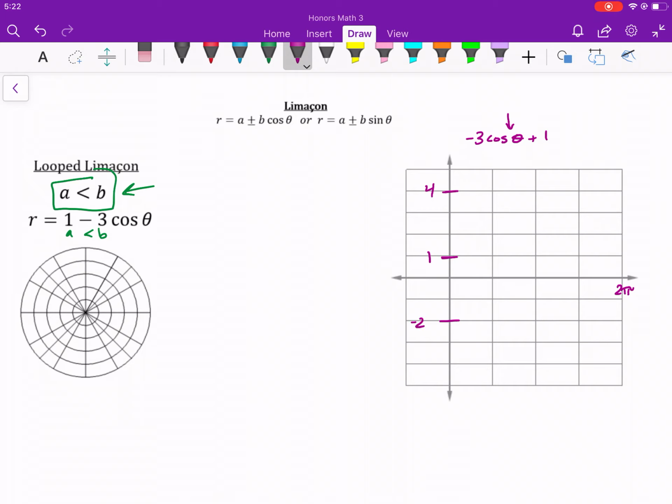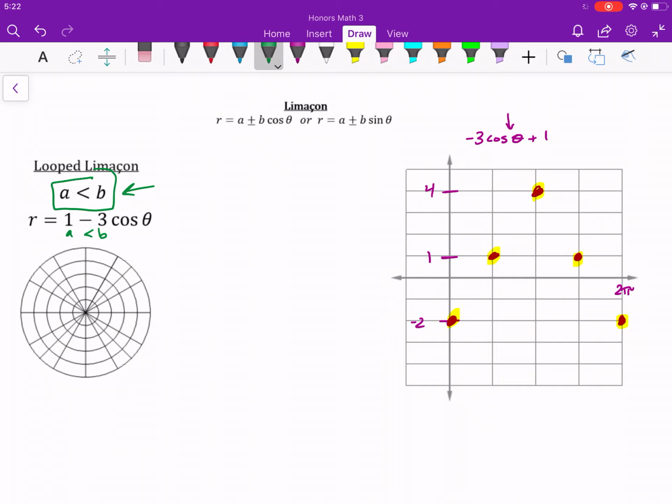And then cosine usually starts at the max, but because this one's negative, we're going to actually start at the minimum. So I'll go minimum to the midline, to the max, to the midline, back down to the minimum. Okay, so those are the most important points. You could actually connect it if you want. We don't need to. I'm not going to do it.